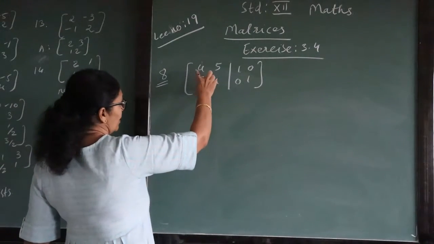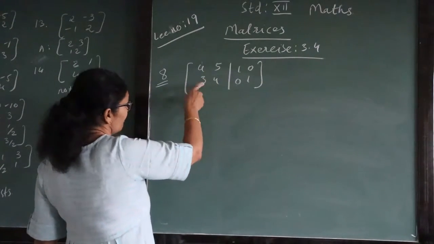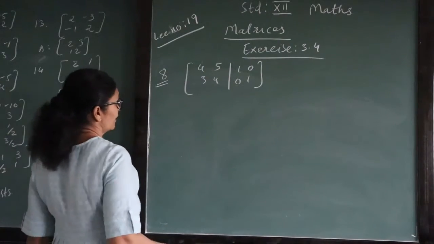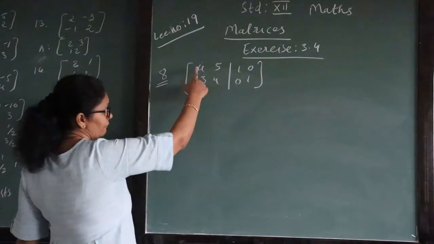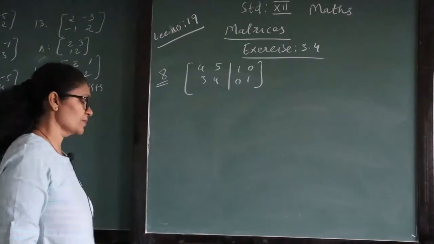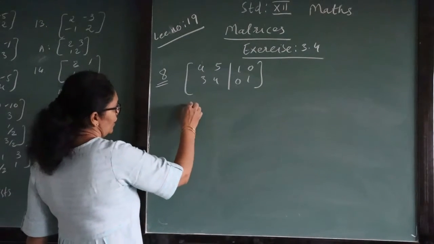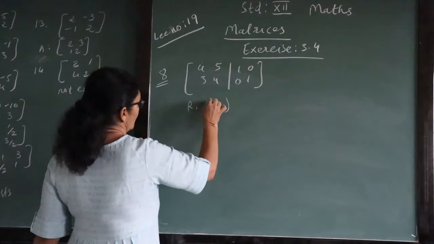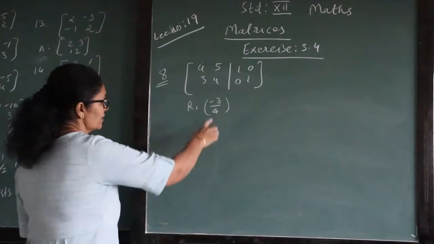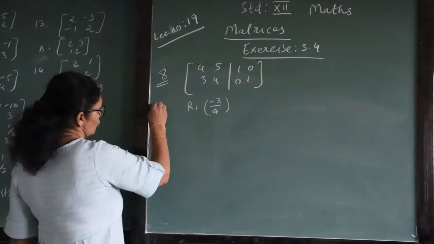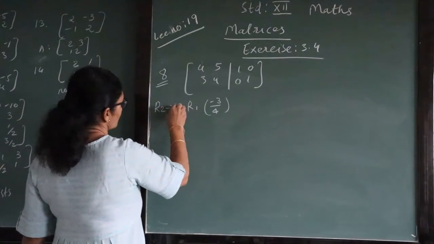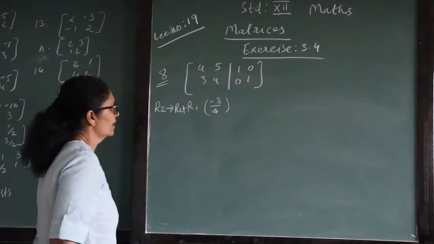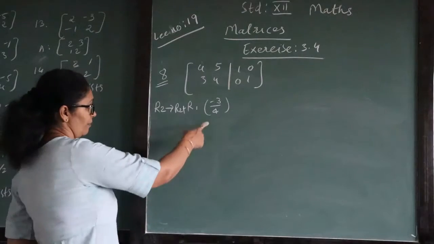First, if we subtract these two, you get here 1 1. If we divide it by 4 and then multiply with minus 3, then also we can do. First, we are writing R1, dividing by 4 and then multiplying with minus 3 to remove this one. So we are making change in R2.